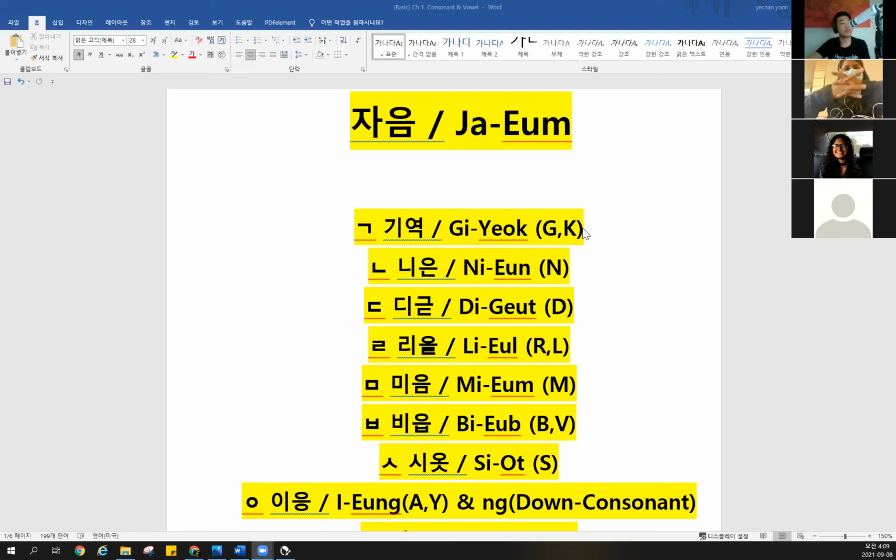So if you really want to speak it, remember that even when it's written with a K, you have to pronounce it as a G. Let's say I give the example of Kim. K-I-M is Kim, right? But if you really want to speak like a Korean, you have to say it with the G sound. G and K have the same pronunciation, G. Please keep that in mind.